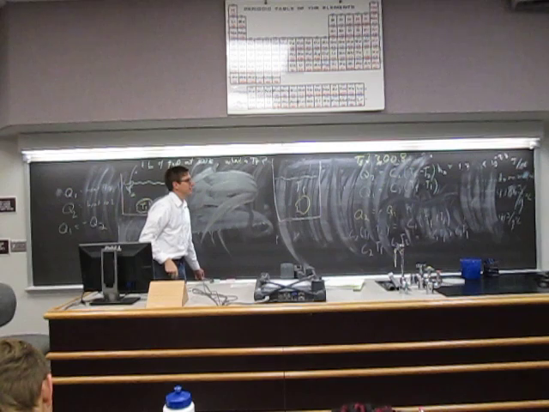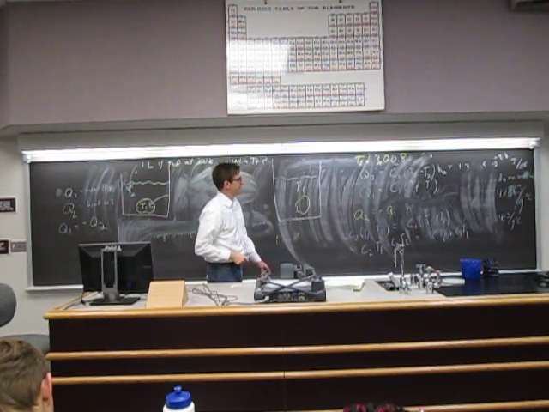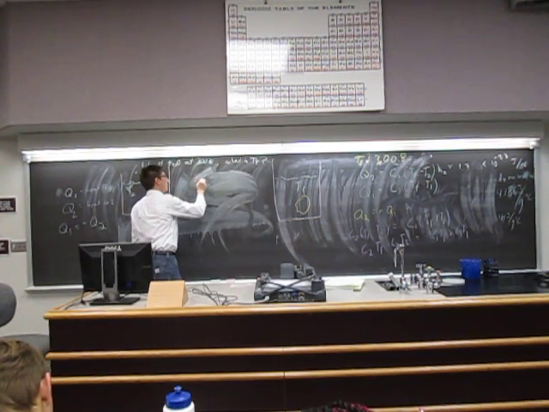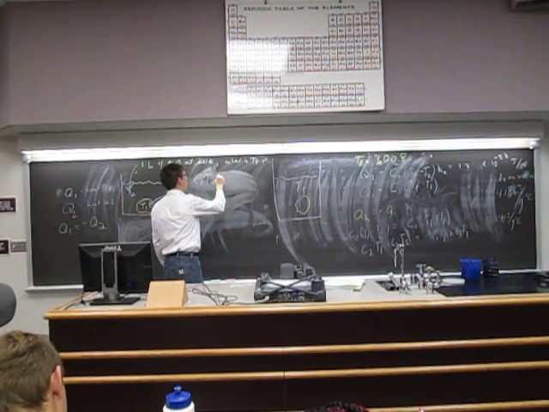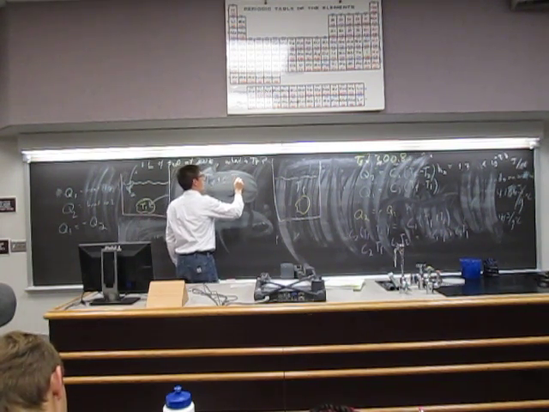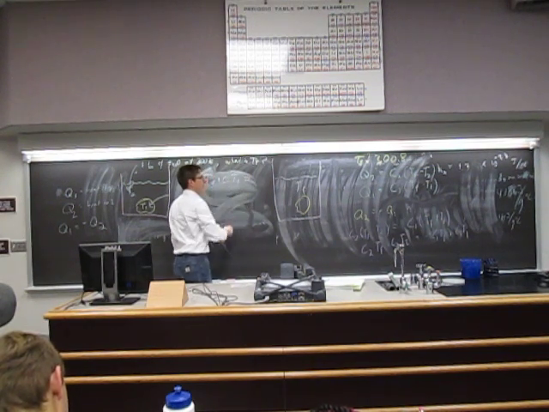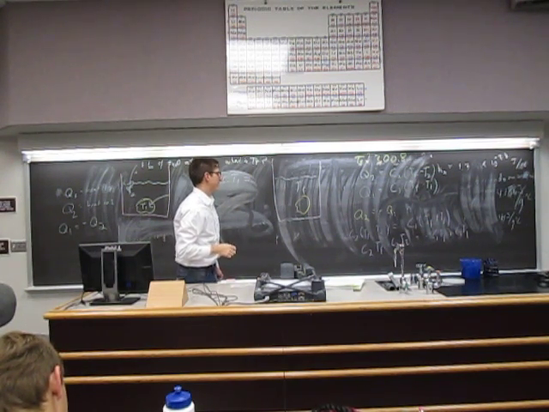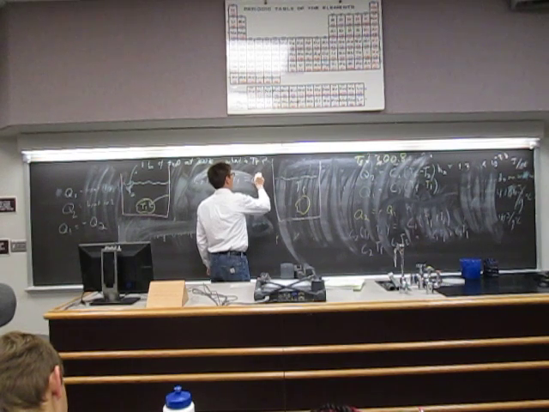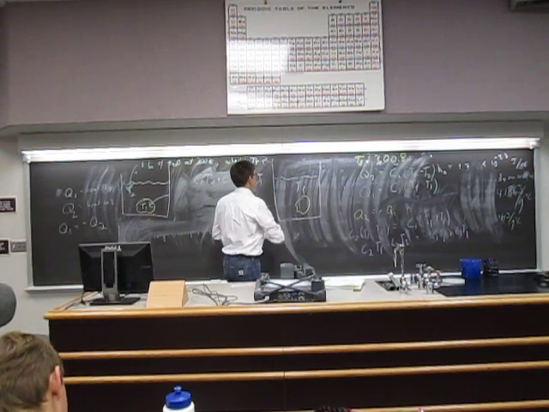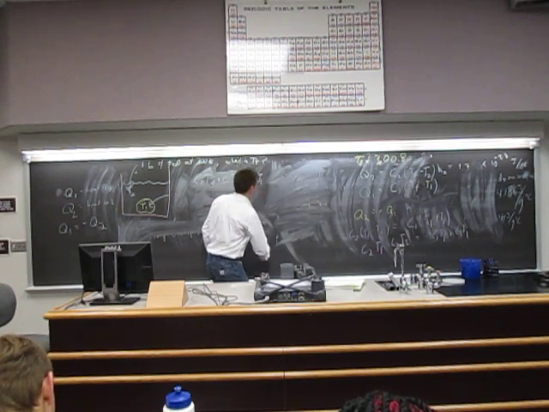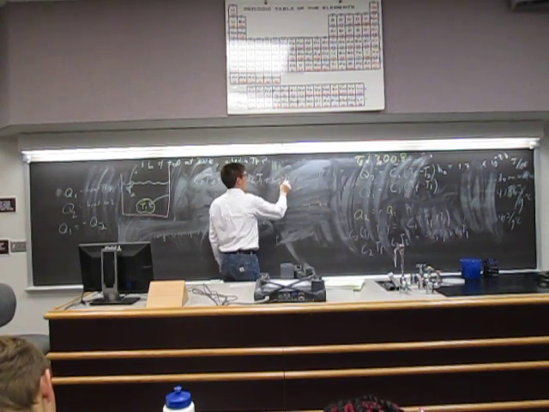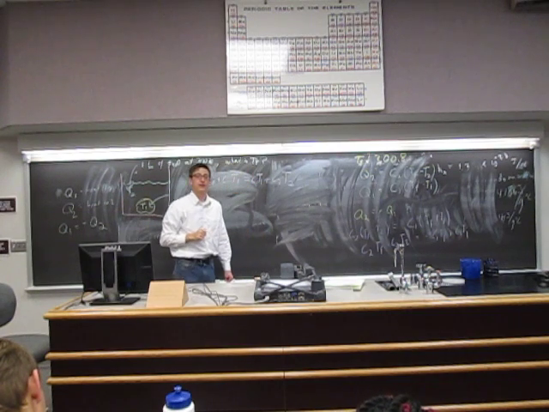So I'm going to have C2 T final plus C1 T final is equal to C1 T1 plus C2 T2.